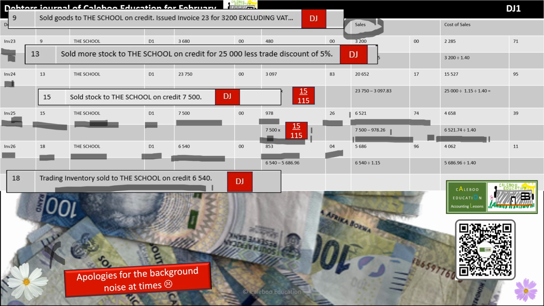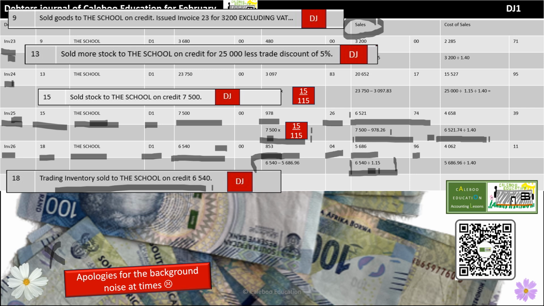And if I want the sales amount excluding VAT, I could say 6,540 minus the 853, but I'm showing you a different way. To take the VAT off, I divide by 1 plus the 15%, which is 1.15. 6,540 divided by 1.15 is 5,686 and 96.